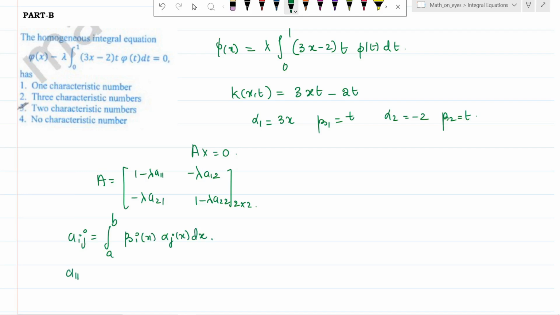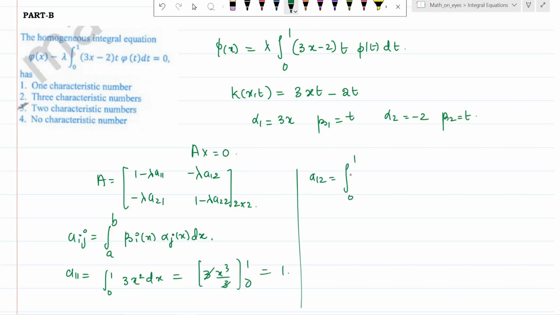Now a11 is equal to integral 0 to 1 of beta 1 and alpha 1, that is t times 3x. So we get 3x squared dx, which is equal to 3x cubed by 3. Applying the limit, we get 1. And a12 is equal to integral 0 to 1 of beta 1 and alpha 2. So we get minus 2 times x dx, which is equal to minus 2x squared by 2 from 0 to 1, which is equal to minus 1.